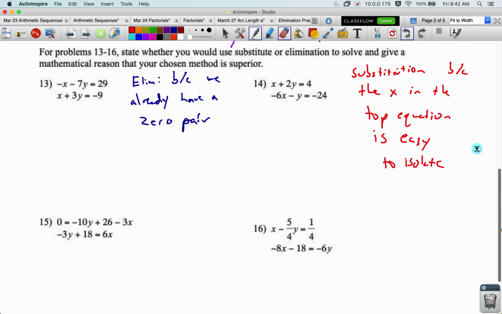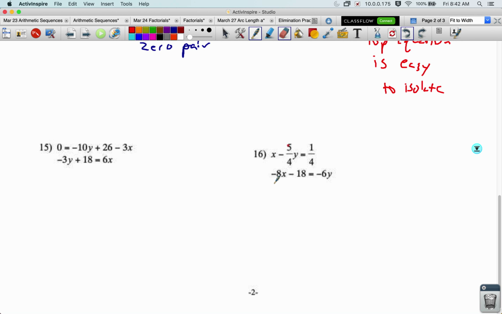All right, and I'll solve one more. I'll solve 16 here since it's got the fractions. I'm going to use elimination because I can get a zero pair with x.